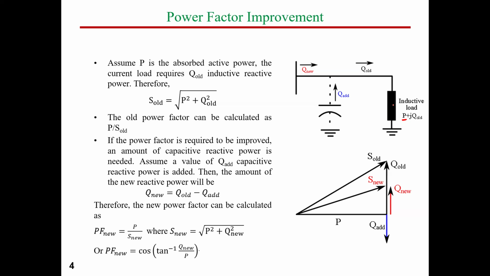So we absorb here P and take Q. If I add a capacitor here, this capacitor will deliver some Q. If we don't have the capacitor, the amount of Q taken by the load is the same as the amount of Q taken from the supply.